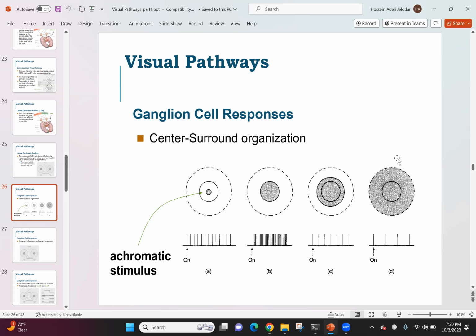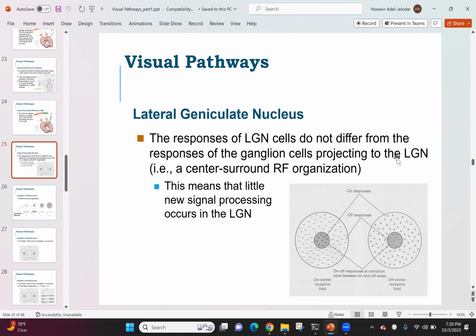It could have been the opposite, but we also have another name for it, which is on-center, off-surround. So in a way, the ganglion cells are taking this information to the LGN, and the LGN has a very similar response to the ganglion cell. So there's not much of a change in the receptive field of the cells.